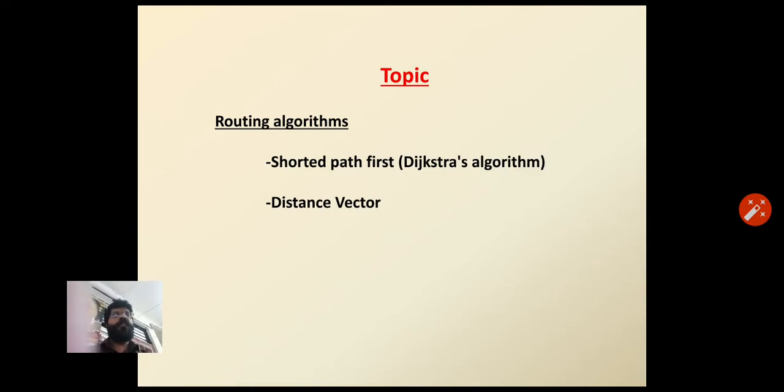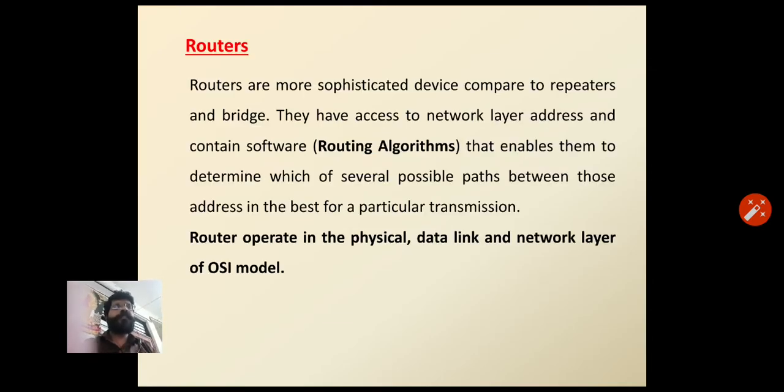Before getting to routing algorithms, we have discussed what a router is. A router is a sophisticated device which has access to network layer addresses, and it contains software called routing algorithms that enables it to determine which of the several possible paths between those addresses is the best for a particular transmission. Actually, a router operates in the physical, data link and network layers of the OSI model.